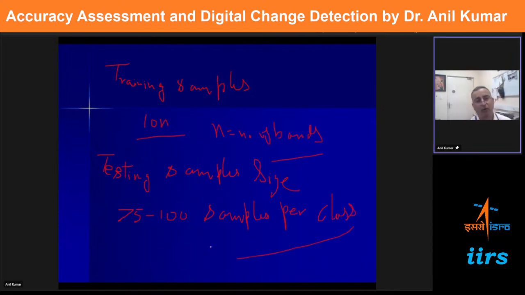So these are the rules we can follow when we are basically generating the training samples and testing samples. So this also gives the output or idea when you go to ground to collect the ground truth samples to be used as training and testing samples.